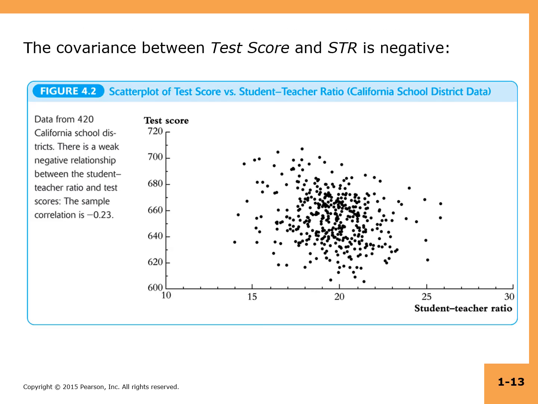When you calculate the covariance between test scores and STR, it gives you a negative number, meaning that there is a negative relationship between test score and student-teacher ratio. If you calculate the correlation coefficient, it gives you -0.23, meaning that not only is there a negative relationship between test scores and student-teacher ratio, but it's actually quite far from -1, meaning that the relationship is very weak.